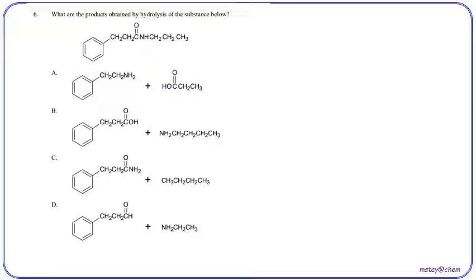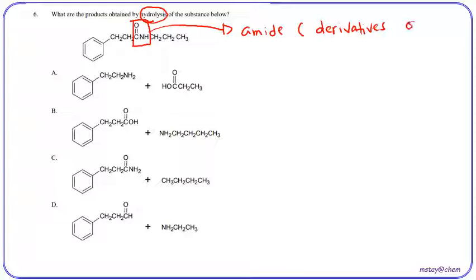Question number 6. What are the products obtained by hydrolysis of the substance below? In this substance, we can see the functional group C double bond O and N, which is the amide. Amide we will consider as one of the derivatives of carboxylic acid.